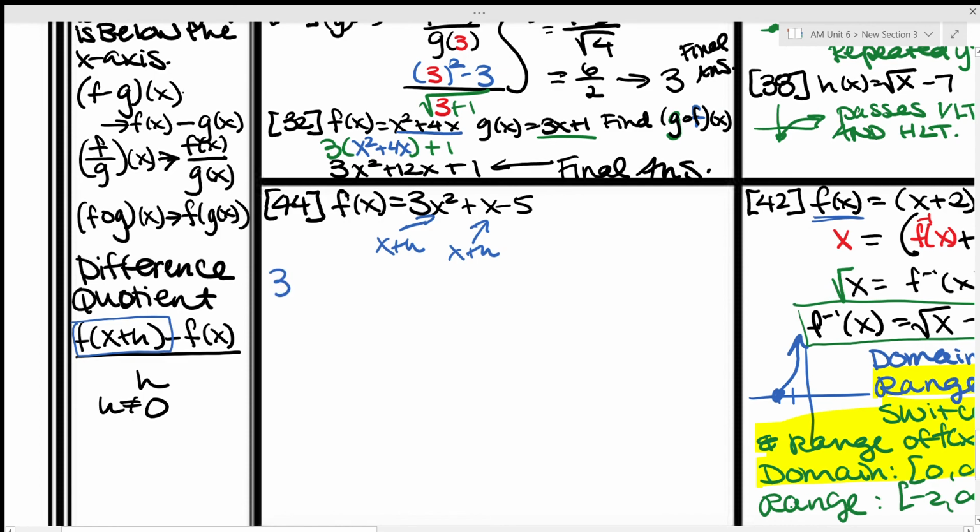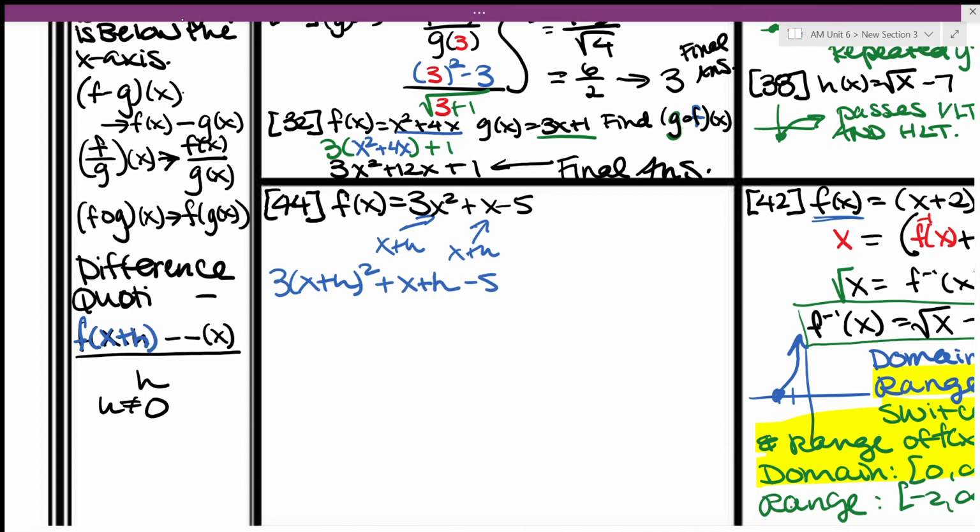So it would be 3 times x plus h squared, plus x plus h for that one, minus 5. And then I have to do the other one. Let me see real quick. Okay. And that other one right here.